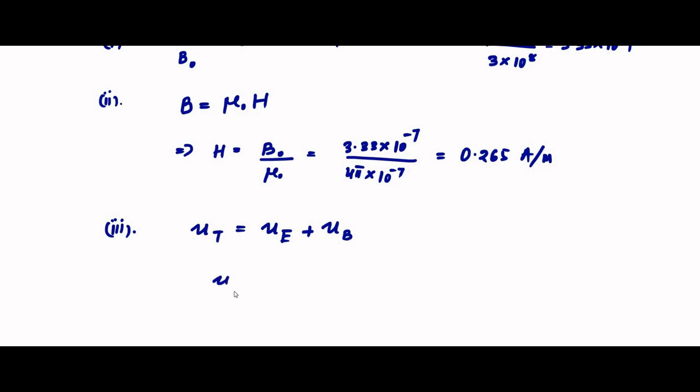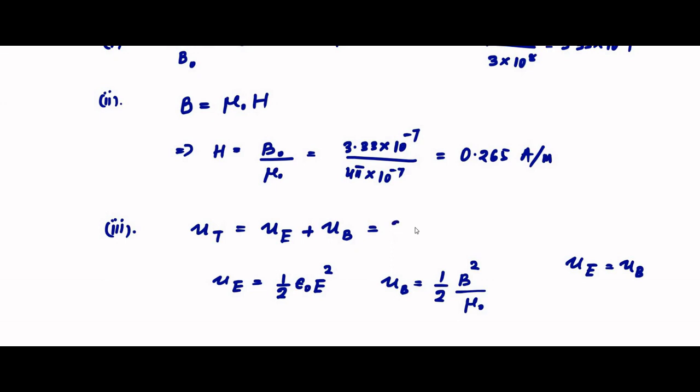So UE is equal to 1 by 2 epsilon 0 E square, and UB, because of the magnetic field, is equal to 1 by 2 B square by mu 0. Okay, and as it is equally shared, UE is equal to UB.